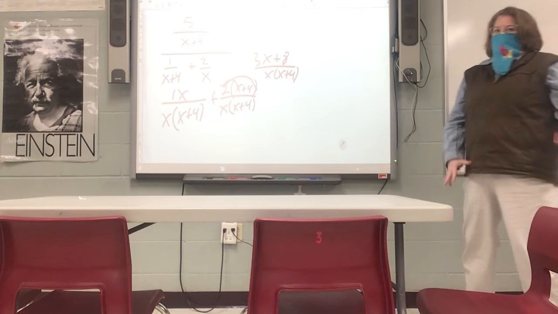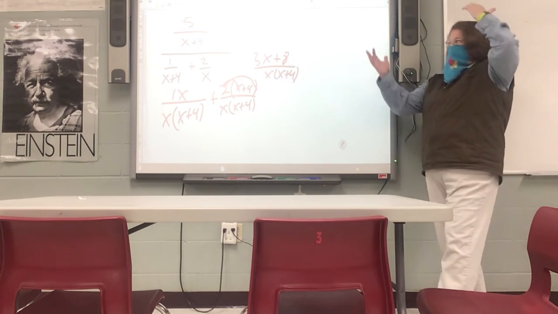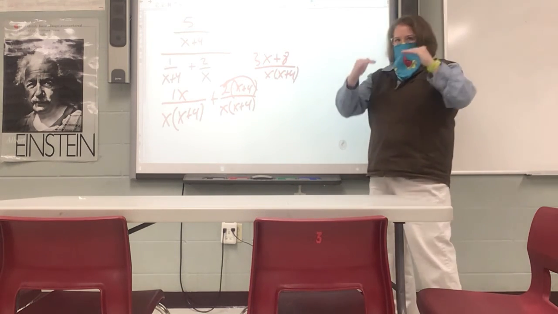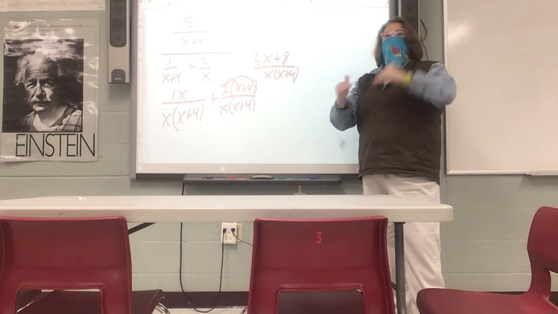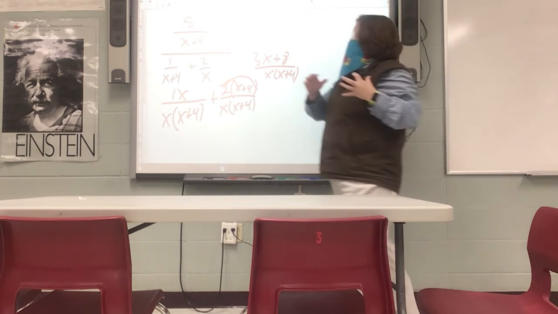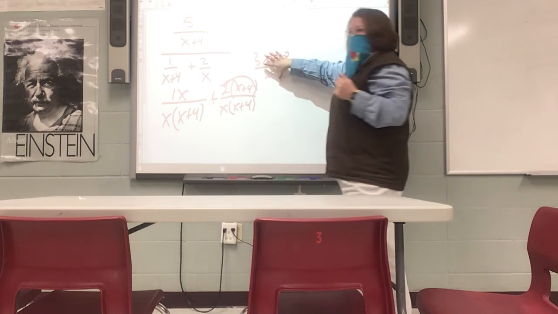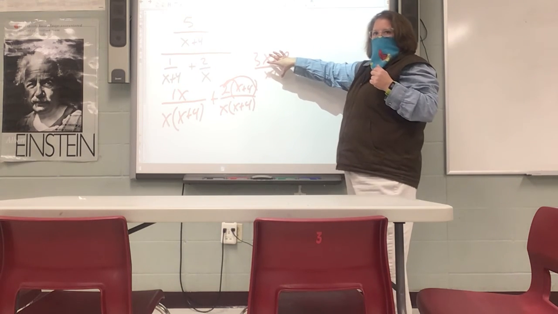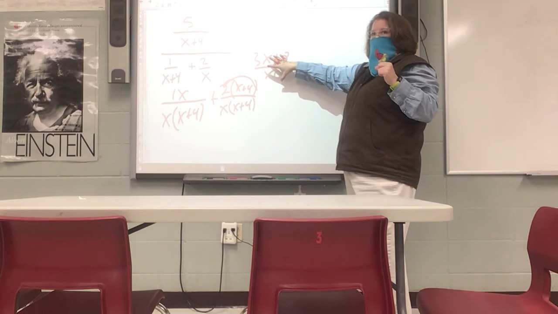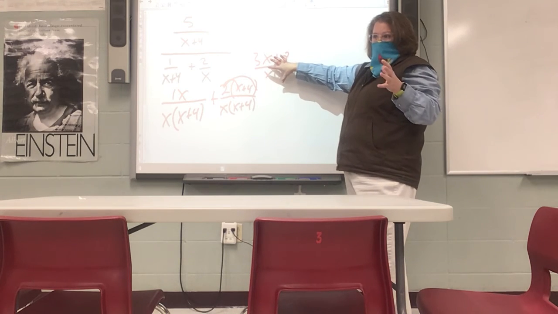So now there's not anything that we can't handle. We got a lot of places to stop along the way. Now where we are is we're doing this divided by this. Dividing fractions is the same as multiplying by the reciprocal.